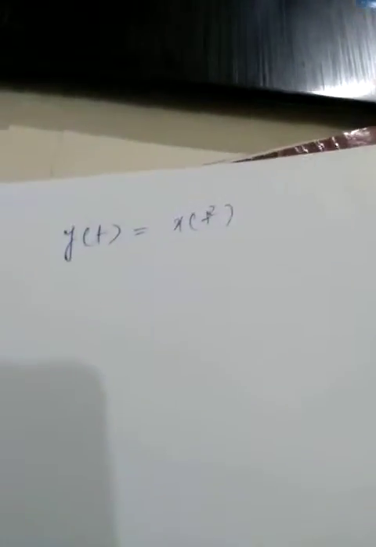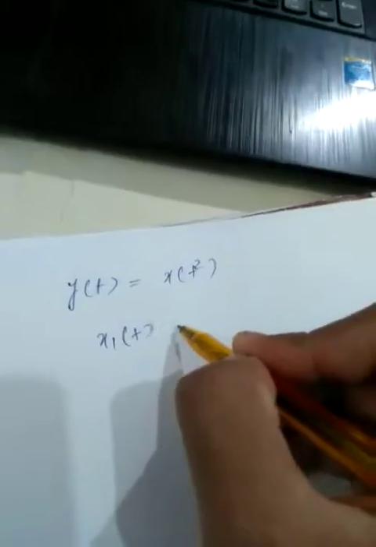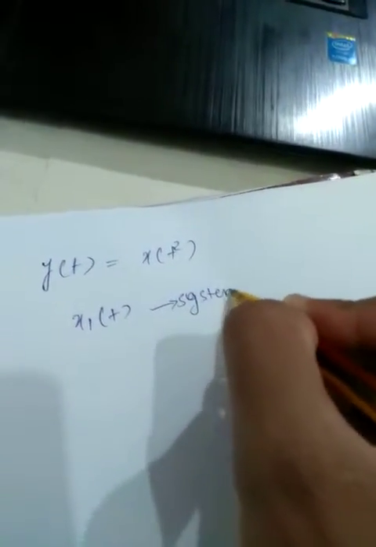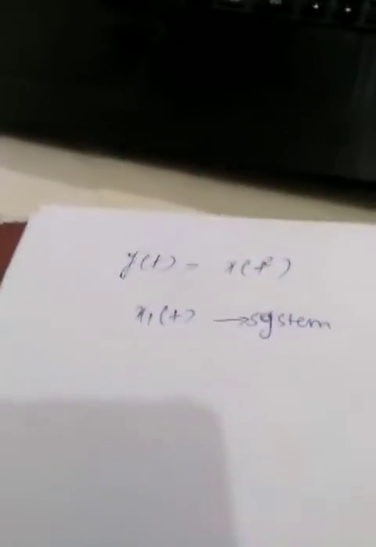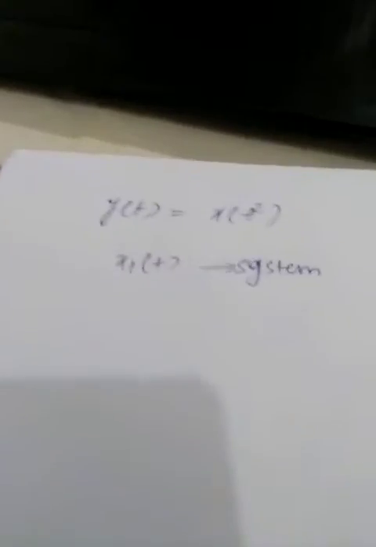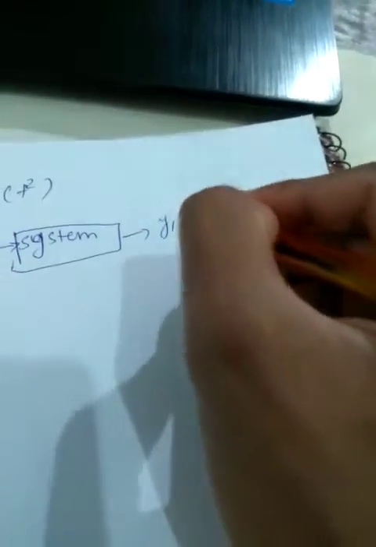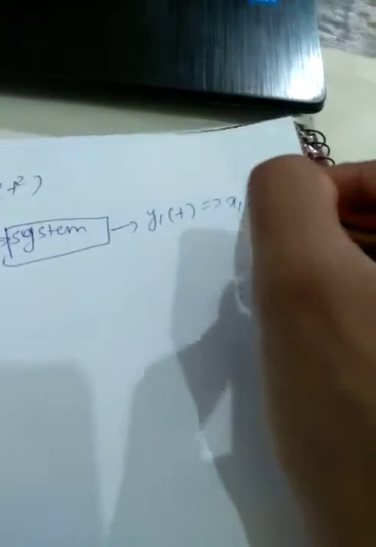Let's say we have our system here. Now x1 of t will be passed through the system. My handwriting is not very good, but you know it very well. So we pass it through the system, and it gives us y1 of t, which is equal to x1 of t square.